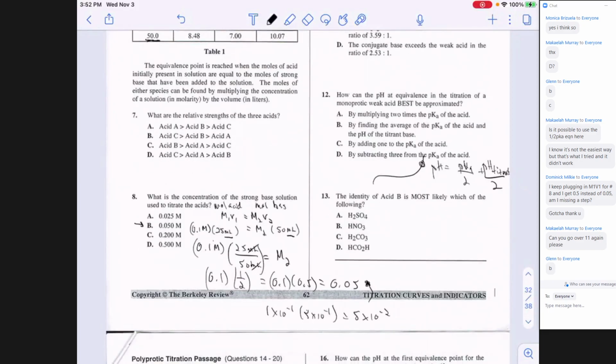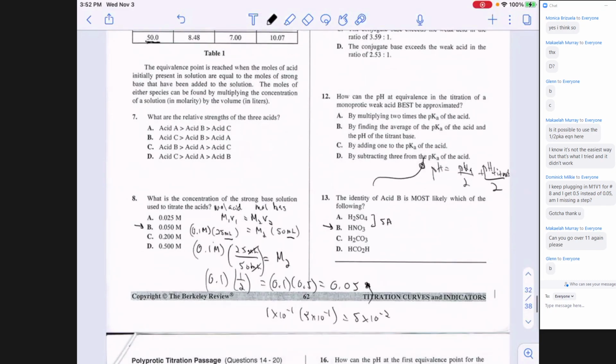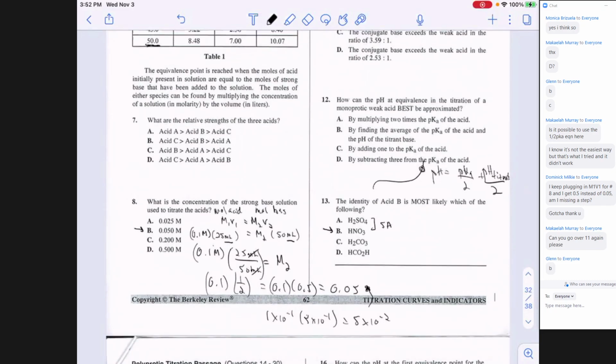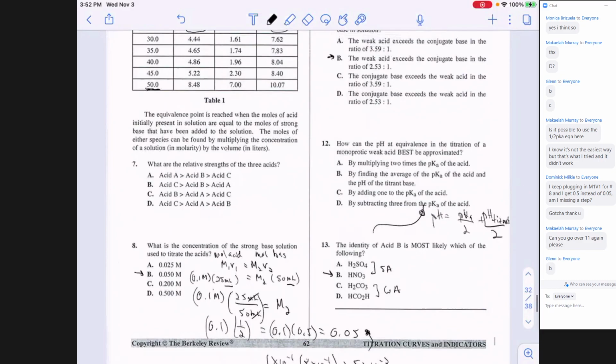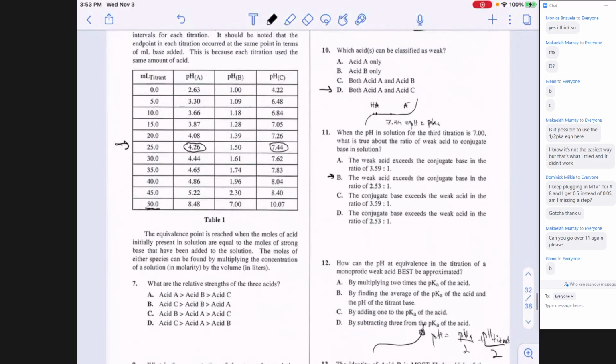Sorry. For 13, it's B. Monoprotic strong acid. There's 2 strong acids, right? But only one of them is monoprotic, or 1 hydrogen, right? Both of these are weak acids. That's not B. B we determined as a strong acid because it stayed pretty much level as 1 all the way. All right, going back to number 11.